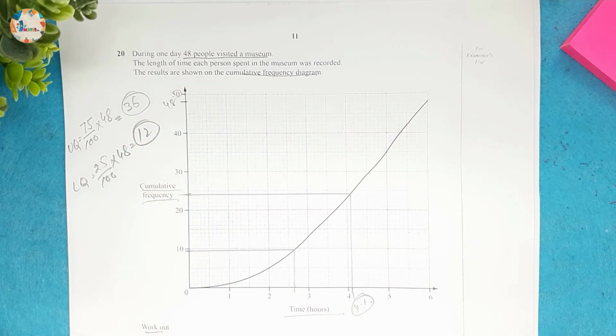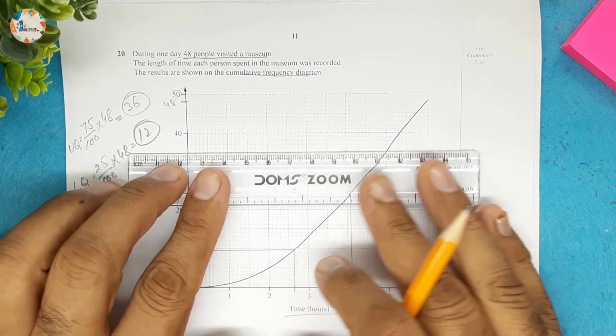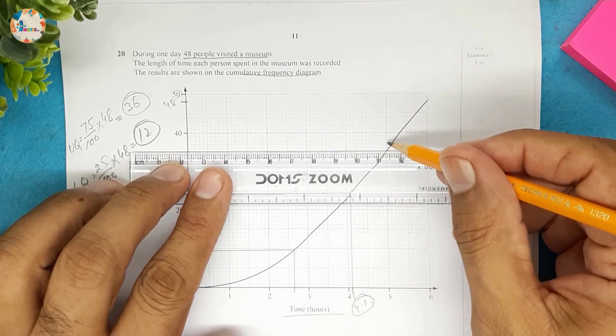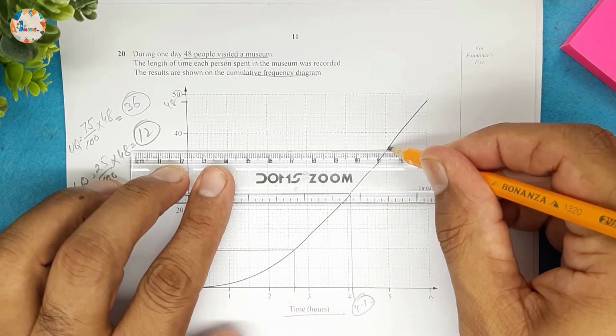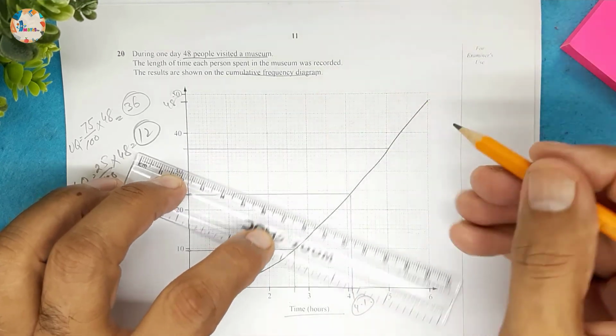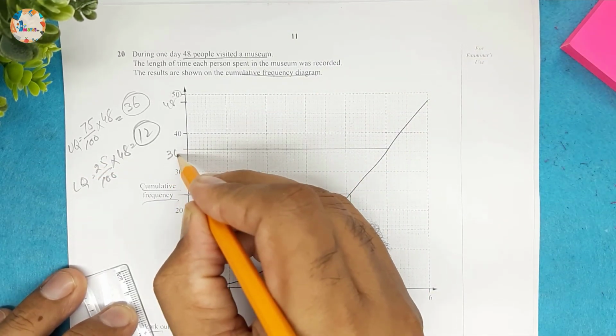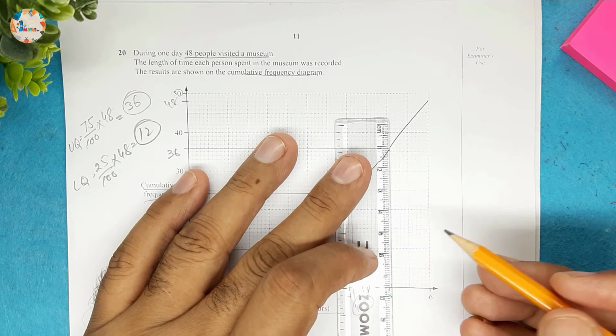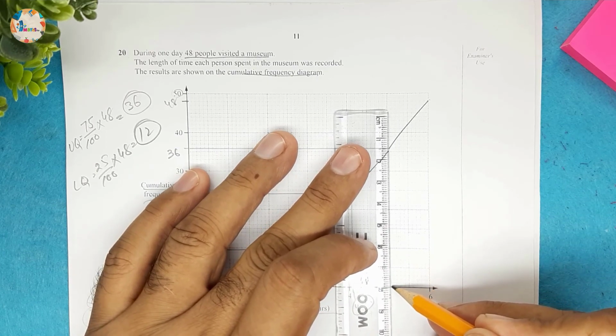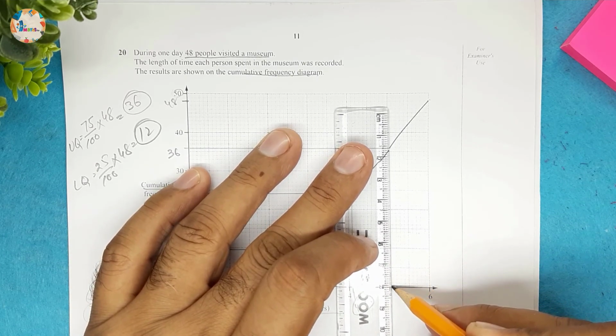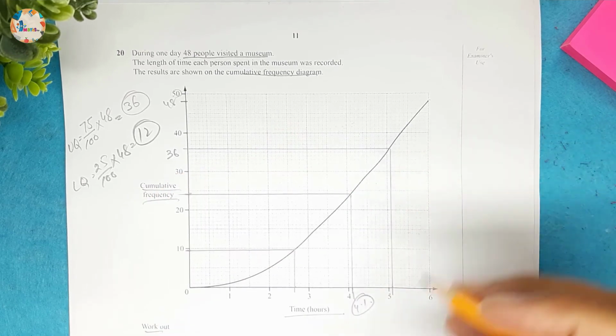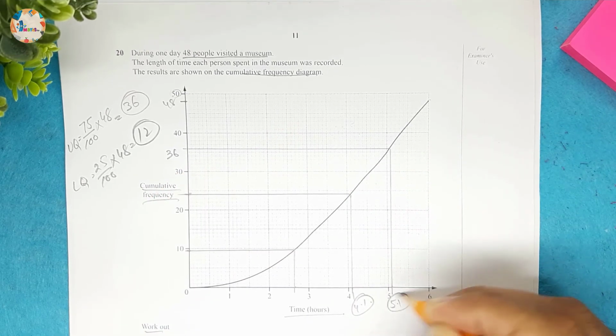So we have to check these references. 36 will be over here somewhere. Draw this reference. This will be the 36 reference, and it will be over here. So this is basically 5.1.